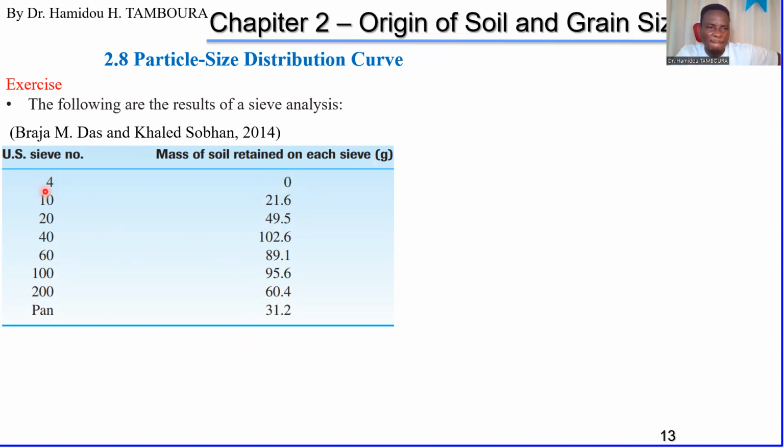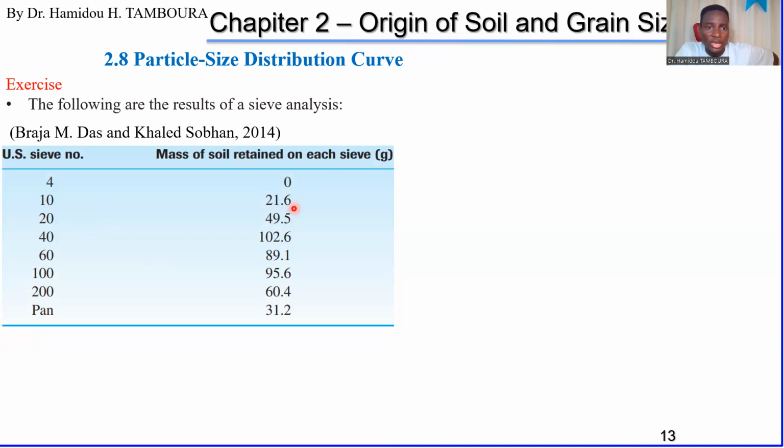Here this exercise doesn't give us the opening sizes, the diameter of the grain, only the sieve number. So it means you have to go back to the table of the sieve numbers and find out which number corresponds to which opening size.